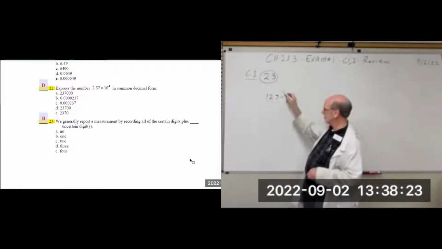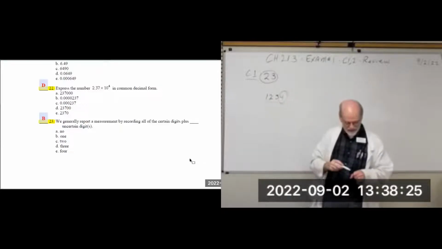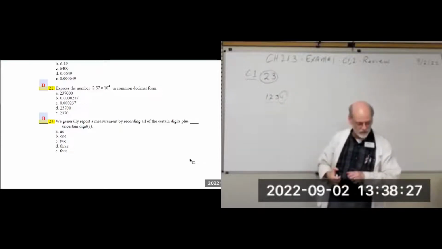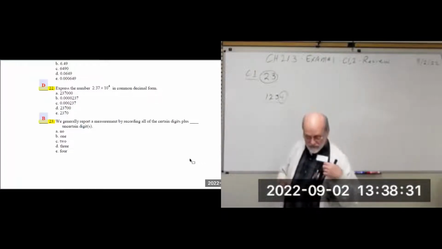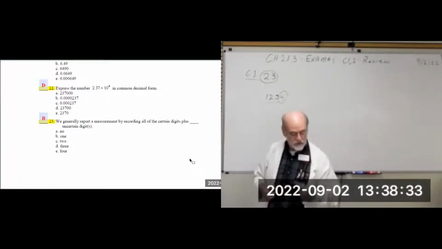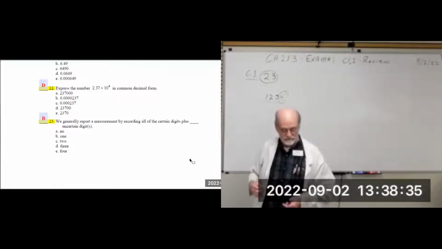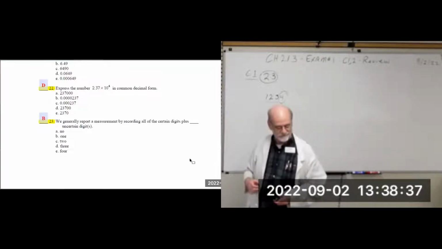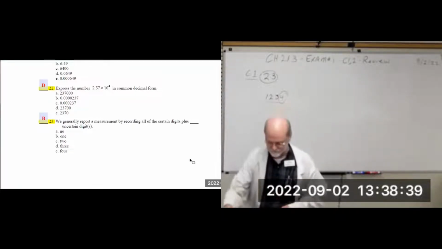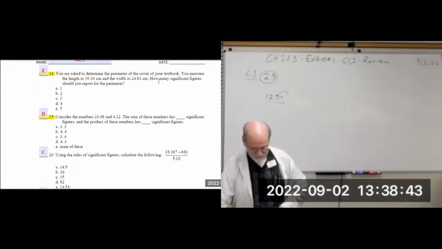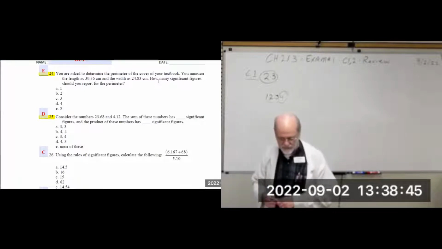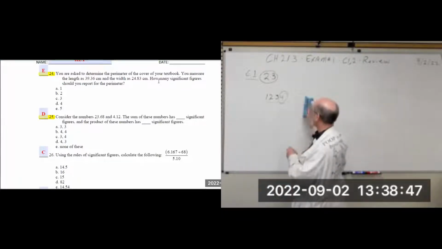That's certain. That one's uncertain. The last one to the right is the uncertain one. So by convention, there's always one uncertain digit in the number. B. Okay. 24.